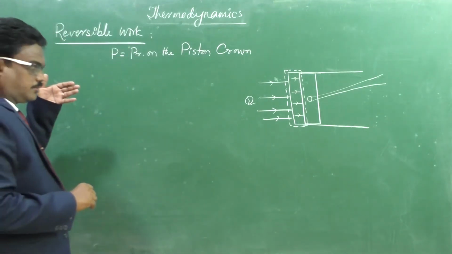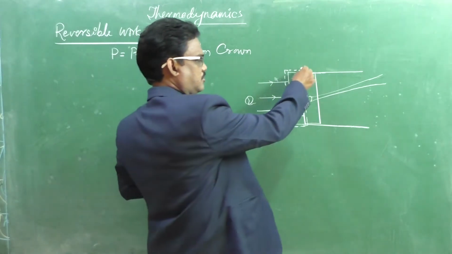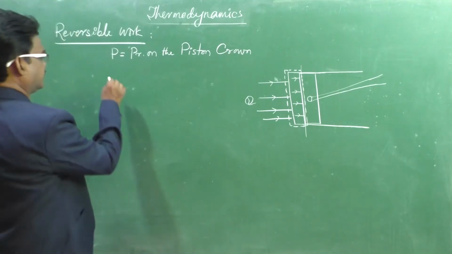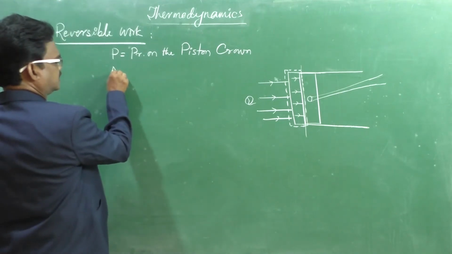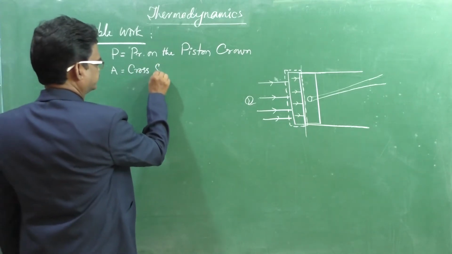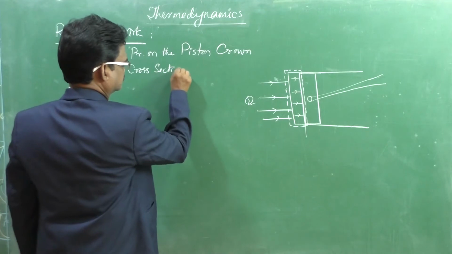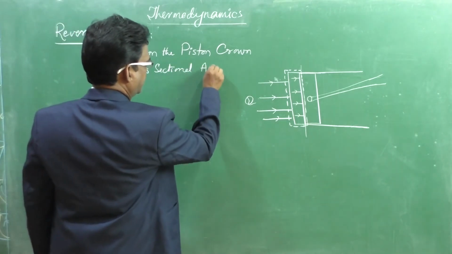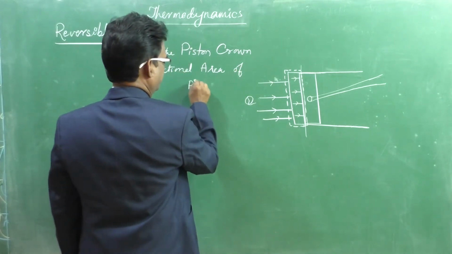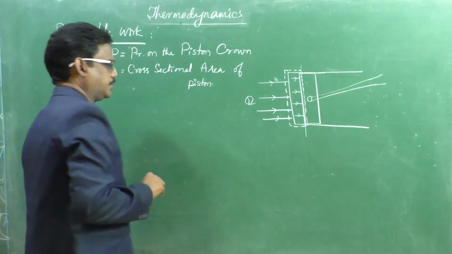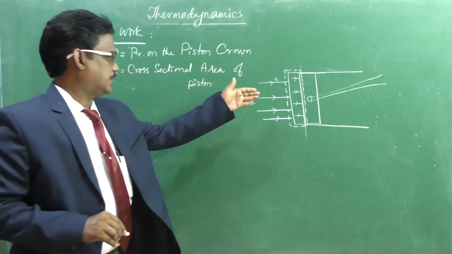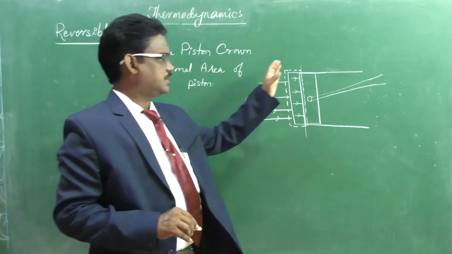Now the cross section of the piston, or of the cylinder, let it be A, the cross sectional area. Pressure P acts over the piston crown, and A is the cross sectional area of the piston.